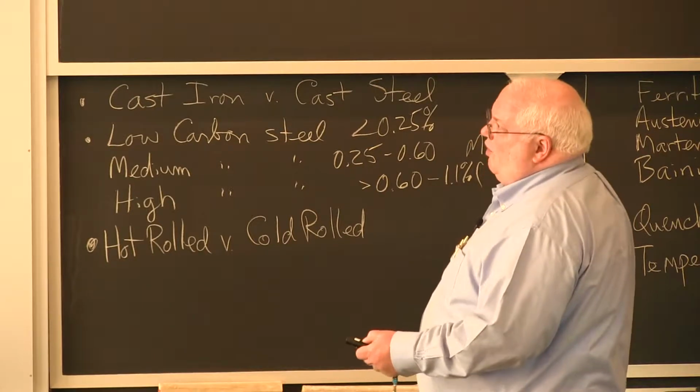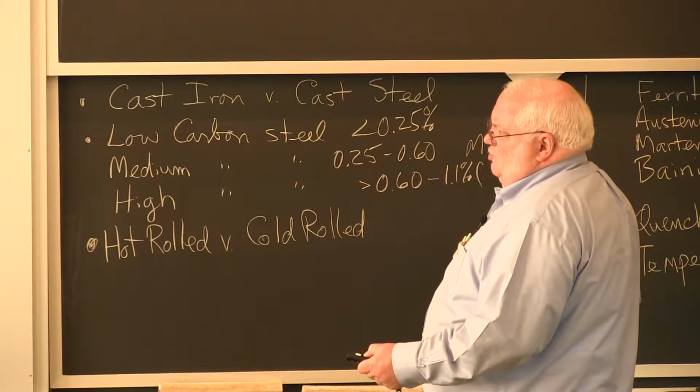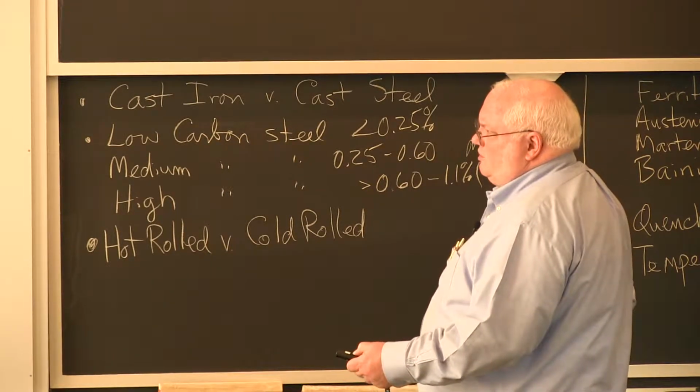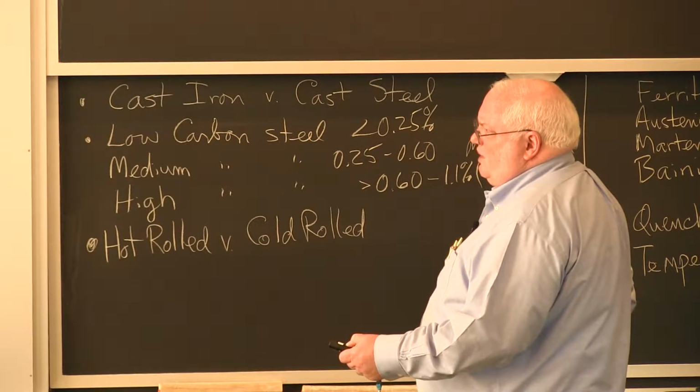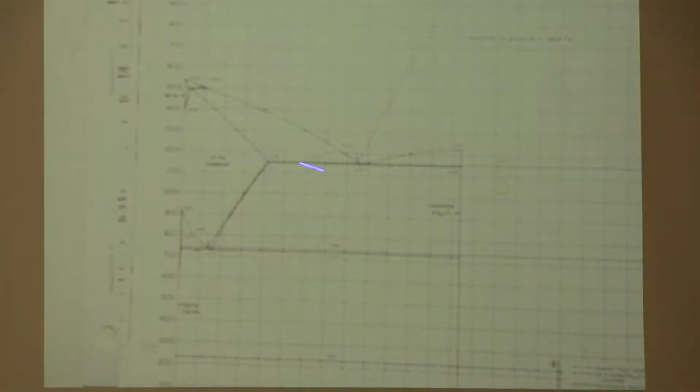You actually can go higher if you look in this region, but you don't usually go much above 1%, which is right in here, okay? You can get 2% in here, but only some tool steels and other things have that much carbon.